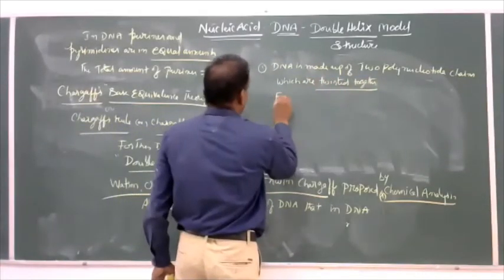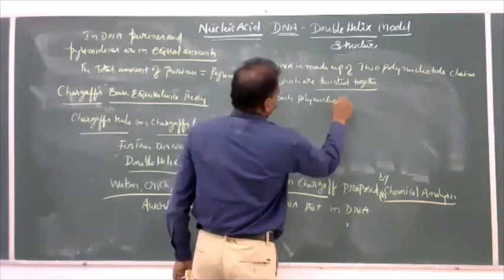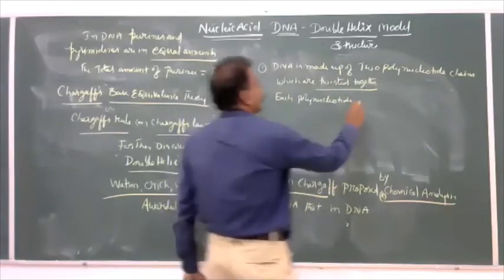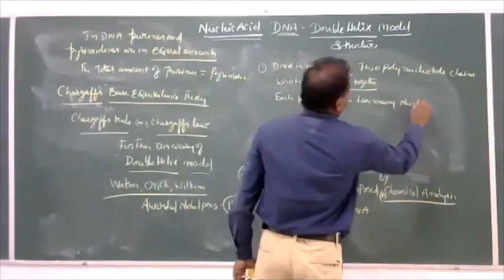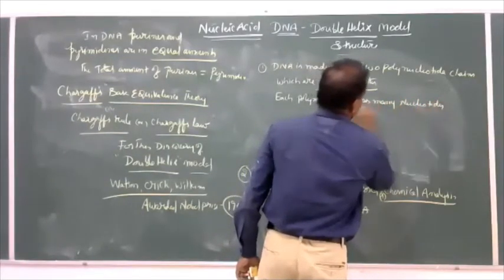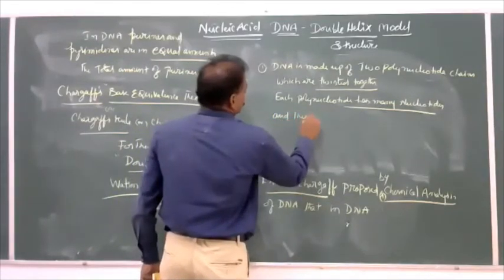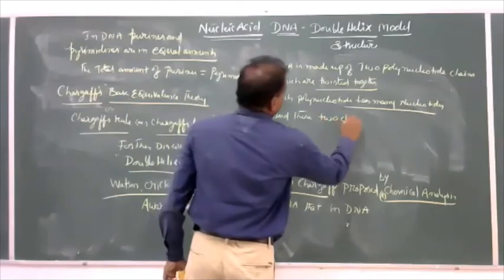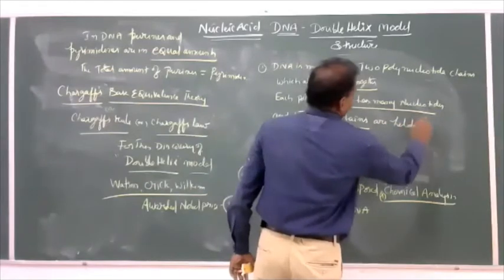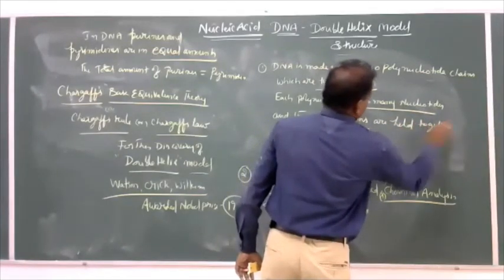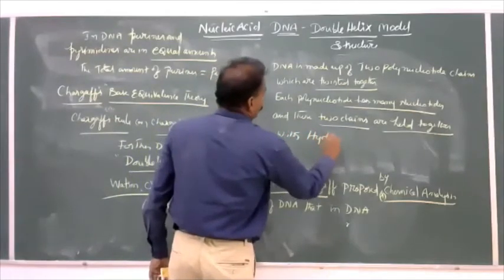Each polynucleotide has many nucleotides. And these two chains are held together with hydrogen bonds.